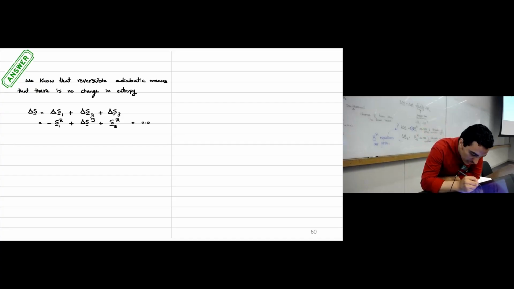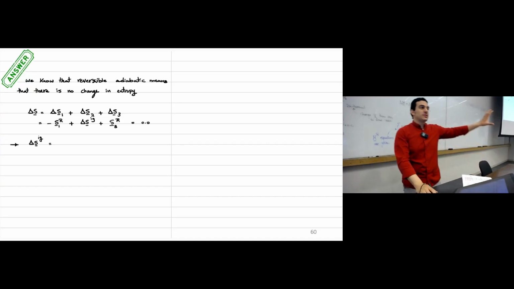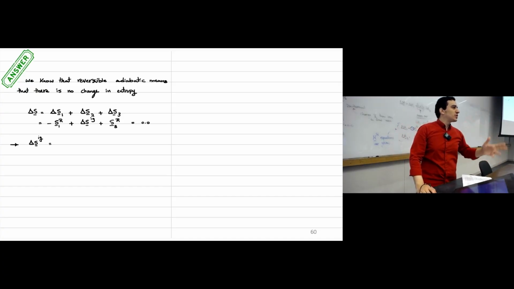And then let's start with delta S of ideal gas. If you remember the chapter where we talked about entropy, I think this was chapter 4.